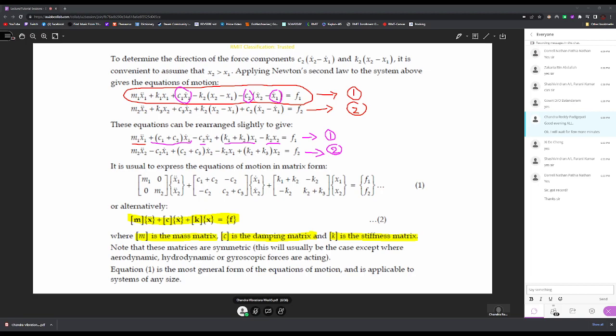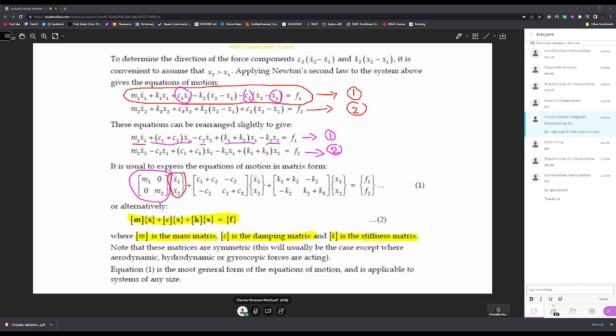This is known as the mass matrix, multiplied by the acceleration matrix, x1 double dot and x2 double dot.